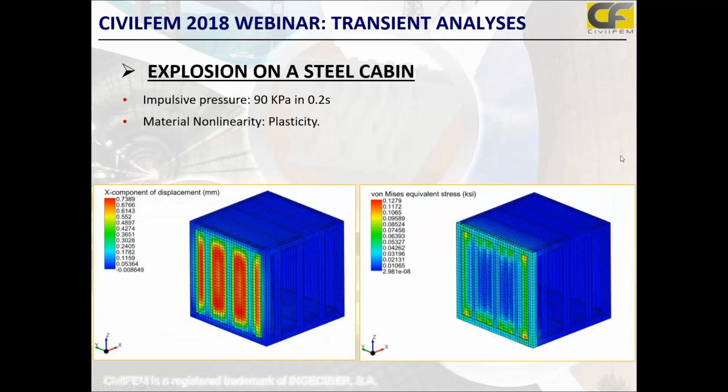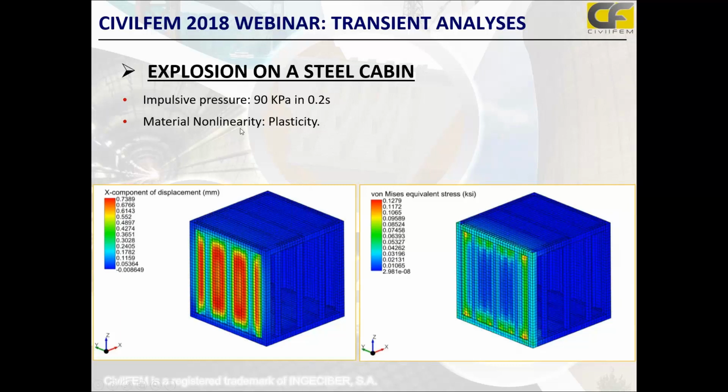We have seen this. Now we have this steel structure, a steel cabin, and we applied as well an impulsive pressure. In this case, it's a pressure of 90 kilopascals in 0.2 seconds, applied in X direction and in Y direction.